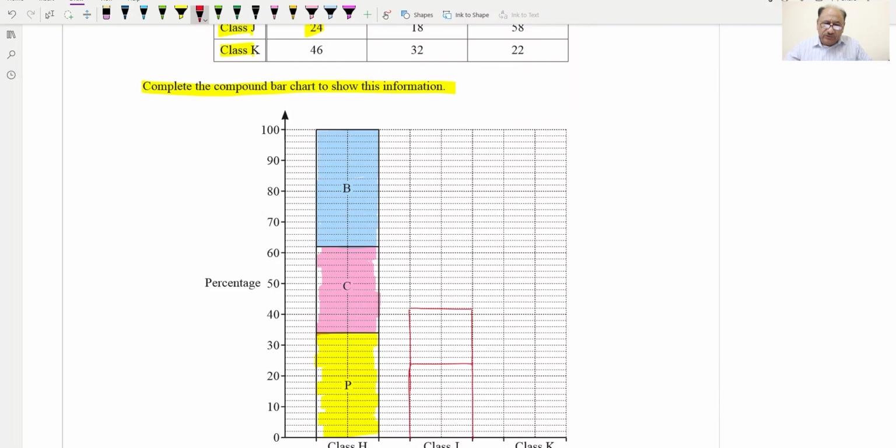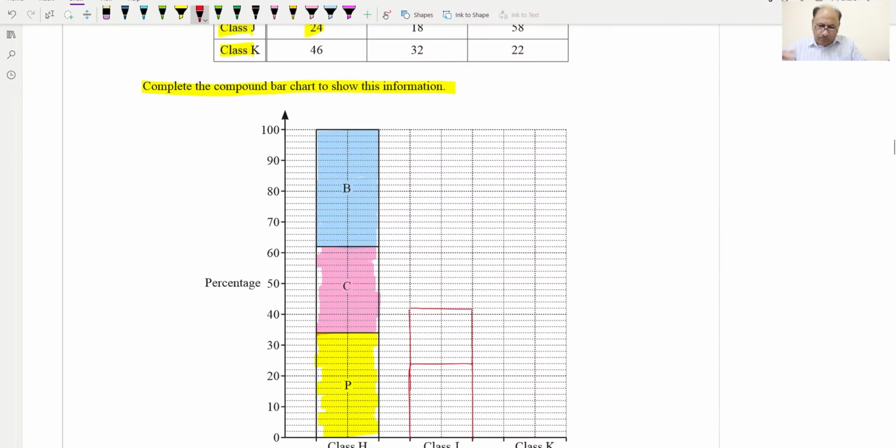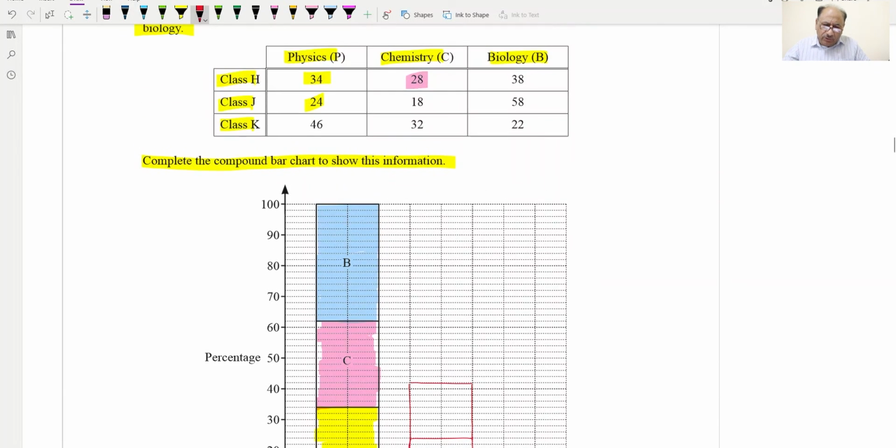Next is 58. They are adding up to 100, so this will be up to this level.